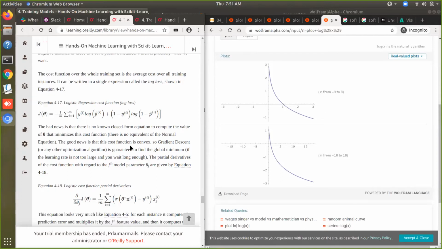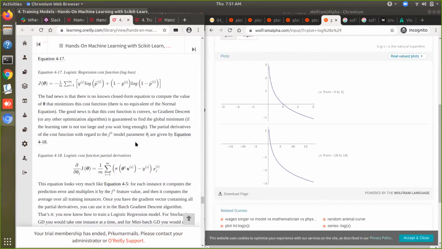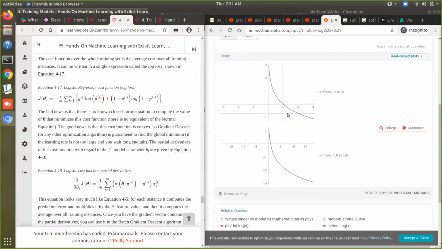There is no closed-form solution to minimize this value of theta. They are saying that the cost function is convex. Why is it convex? Because we are seeing the curve here in the range 0 to 1, so there is only one global minimum.